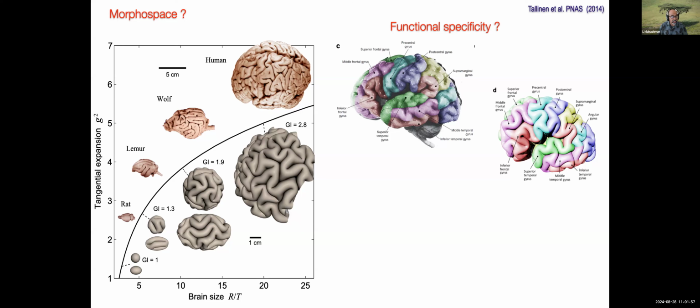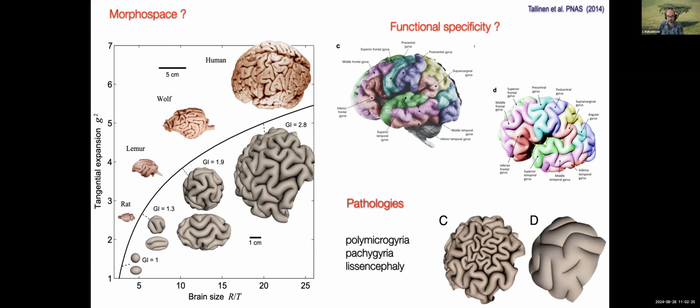Could it be that the folds, as they come to be through this iterative mechanical instability, lead to specialization? Rather than say that specialization is early or specialization is late, could specialization and folding develop simultaneously? I don't have an answer. That's an experimental question, primarily because we have to study how function develops even as the brain folds. An extremely difficult question experimentally to address. That's a thought. It's only a question at this point.